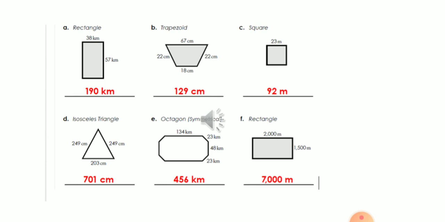Symmetrical means the opposite sides are equal in length. So I add 134 plus 23 plus 48 plus 23, all times 2, because the opposite sides are equal in measure. And the rectangle I told you before.